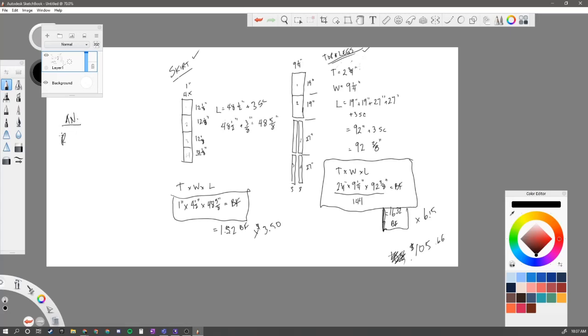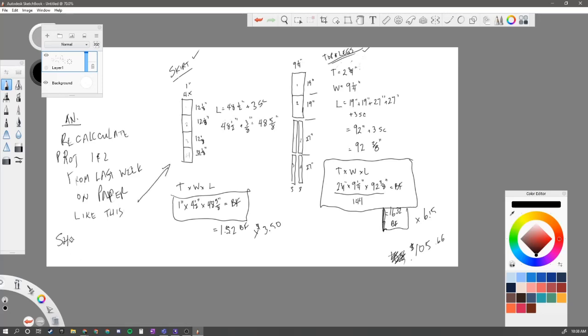Okay. So for your assignment, I want you to recalculate project 1 and 2 from last week on paper like this, okay?